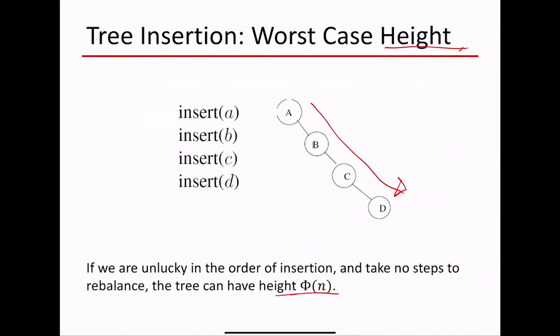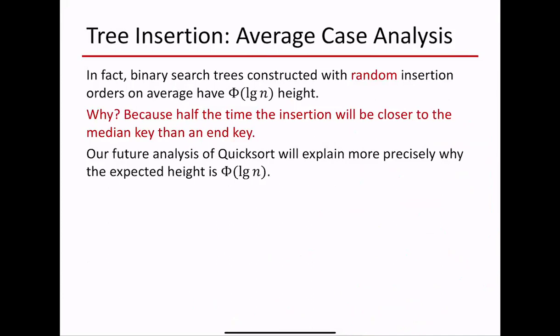Okay, so tree insertion, average case. In fact, for a binary search tree constructed with random insertion, we can say the height is log n. Why? Because random means it is not sequential, and with high probability the numbers are closer to the median key.